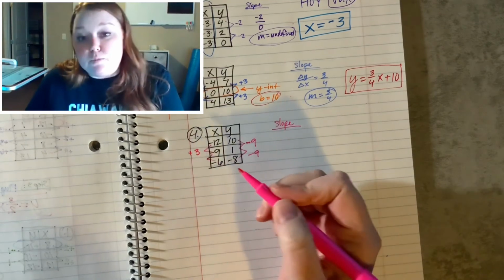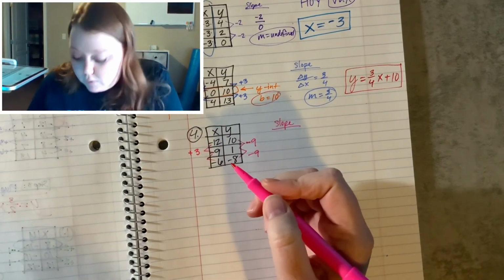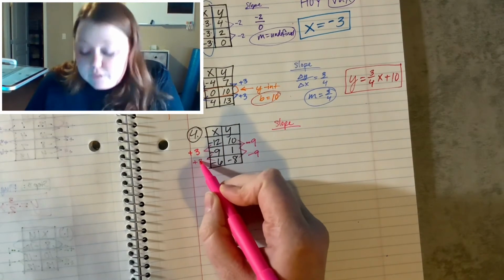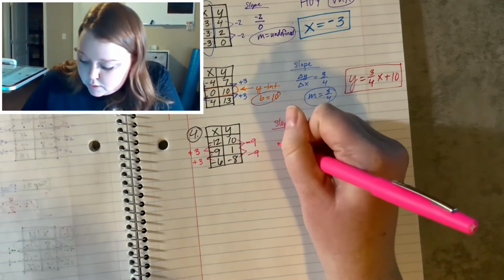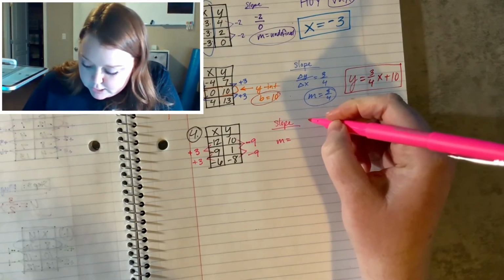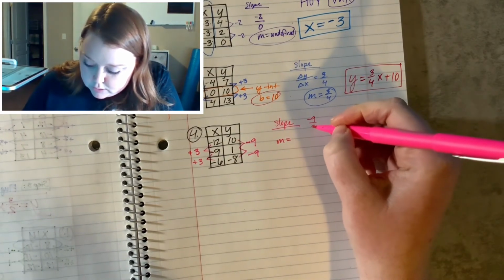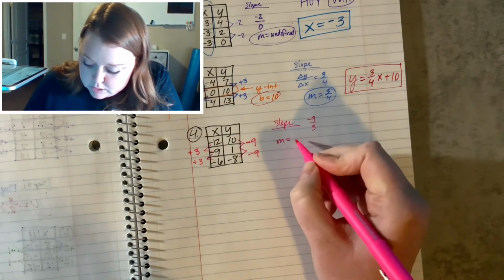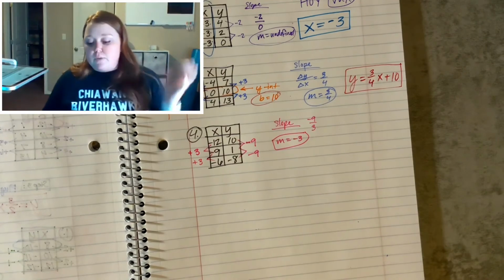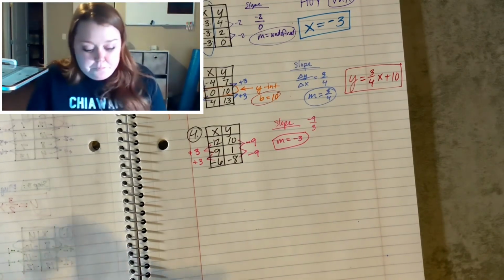It's becoming more positive. It's getting closer to 0, okay? From -9 to -6, that's an increase of 3. So my slope here, change in y over change in x, that would be -9 over 3. -9 divided by 3 simplifies to -3. So my slope here, -3.